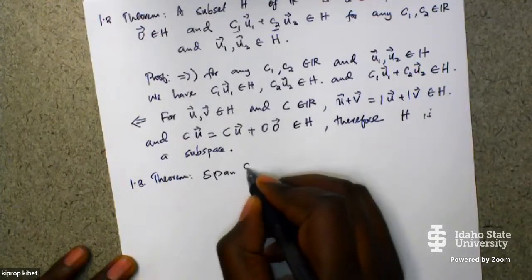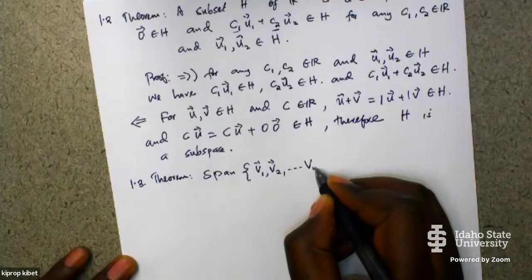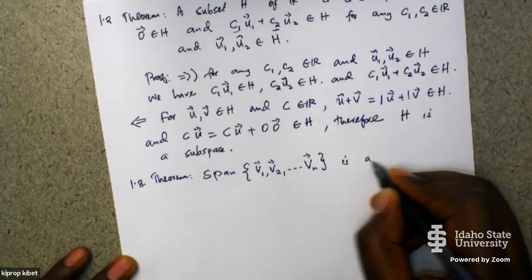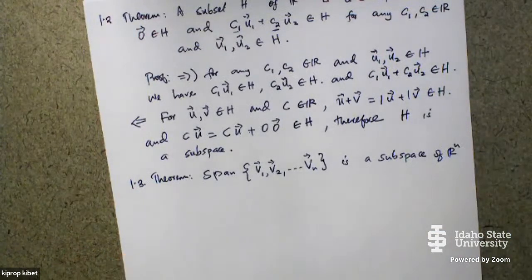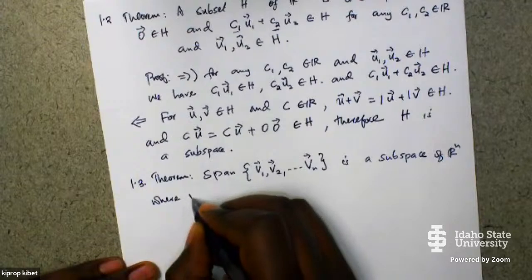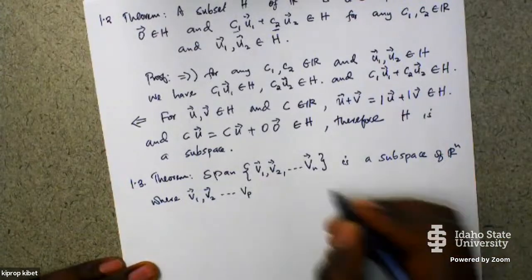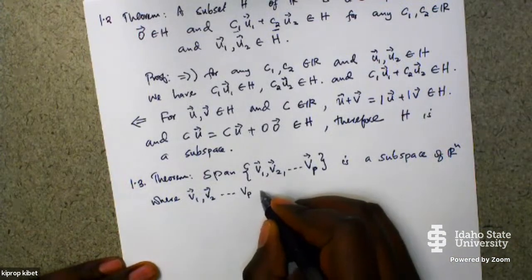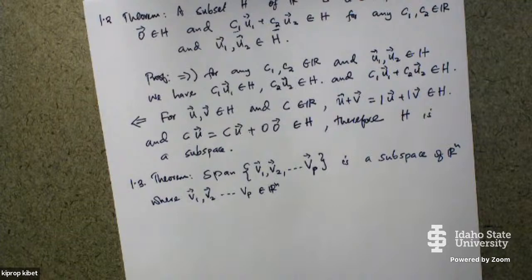The span of v1, v2, all the way to vp is a subspace of Rn, where v1, v2, all the way to vp are elements of Rn. So the span is also a subspace of Rn.